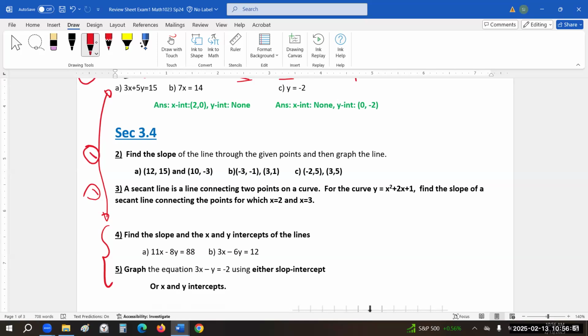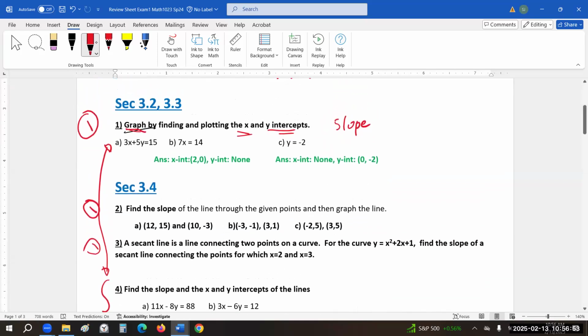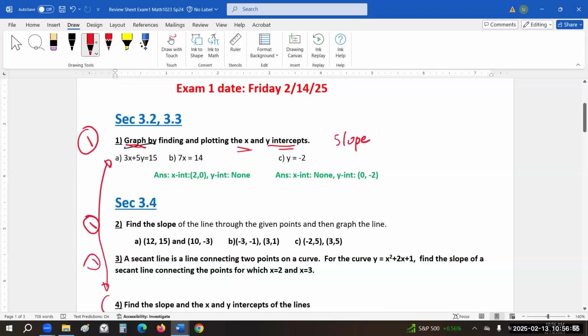Which question? So from question 1, there'll be one question, either A, B, or C. But if you want me to be more specific, let me tell you, no problem. It will be something like this format, okay?